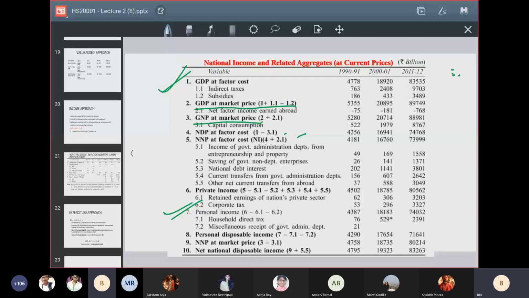But what happens in the case of India is that we get more factors of production in terms of capital, like Maruti Suzuki or other foreign enterprises spending capital investment. Their income is more. That is why we have a negative. India's enterprises or capital in other countries is limited.